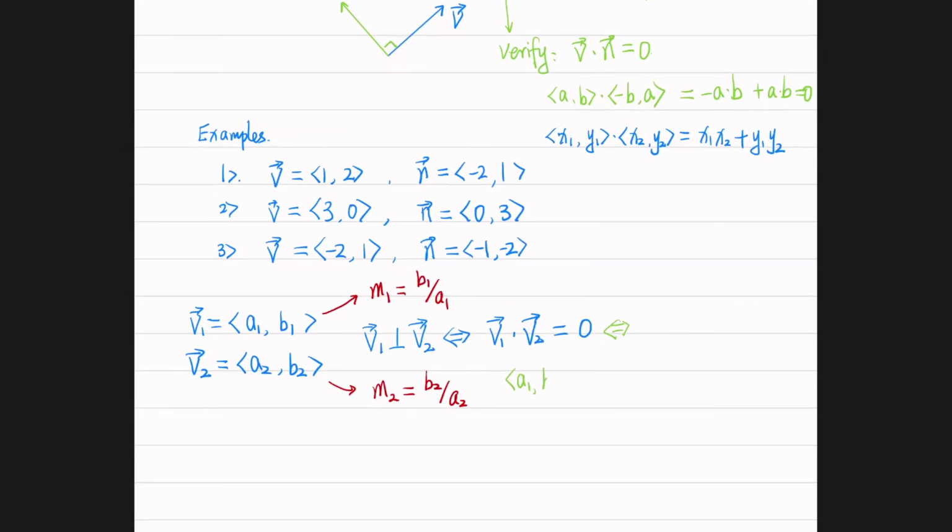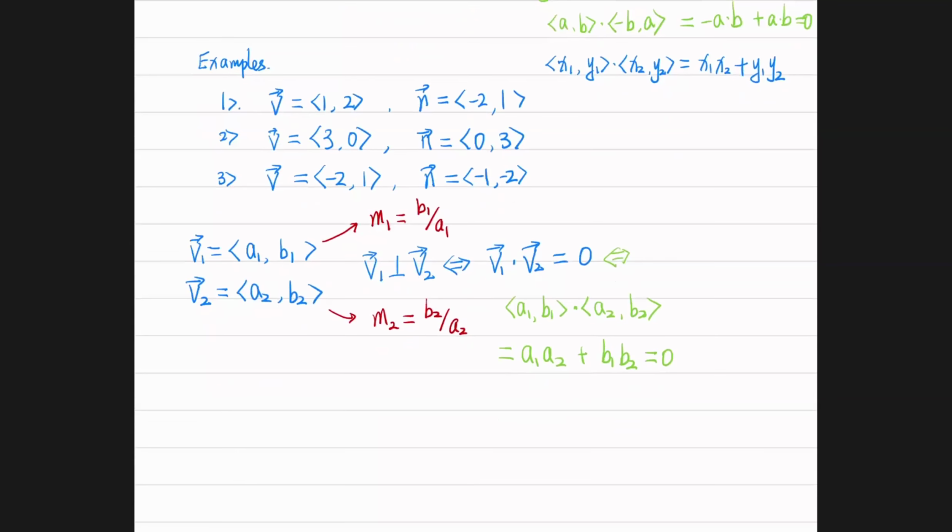A1, B1 dot A2, B2. So at this step, I'm going to divide both sides by A1 and A2, or multiply by the reciprocal.